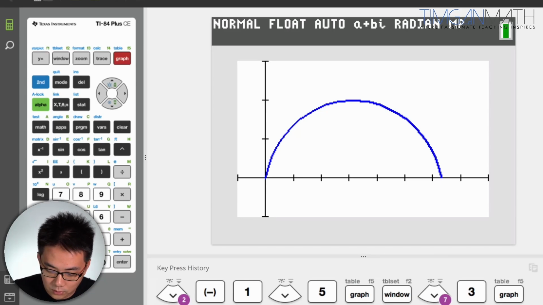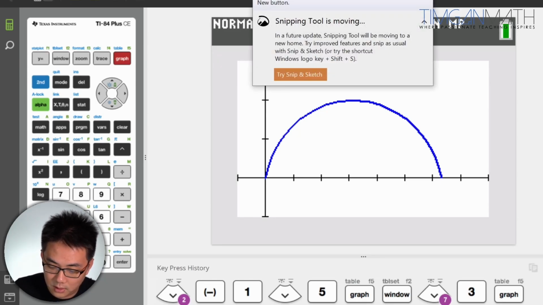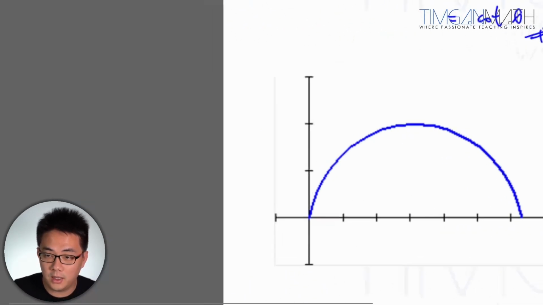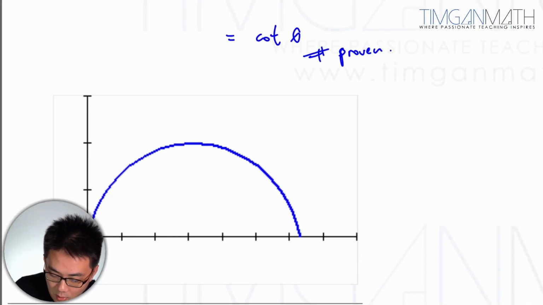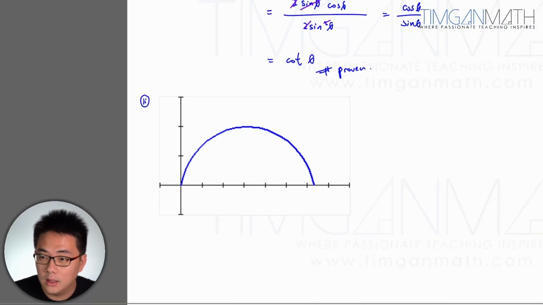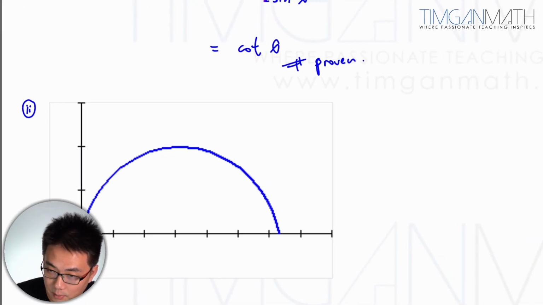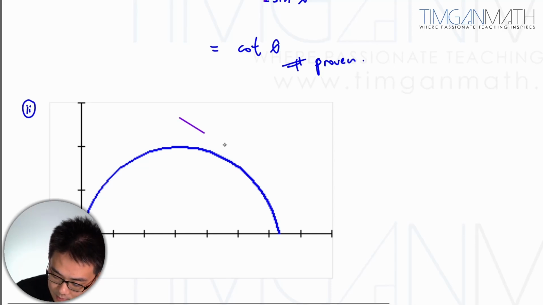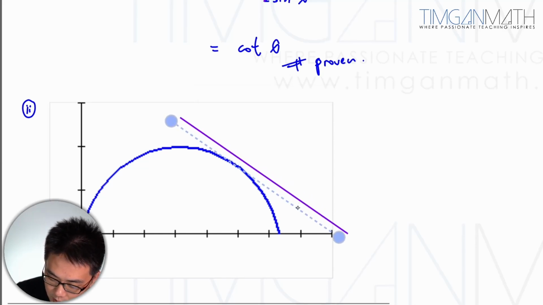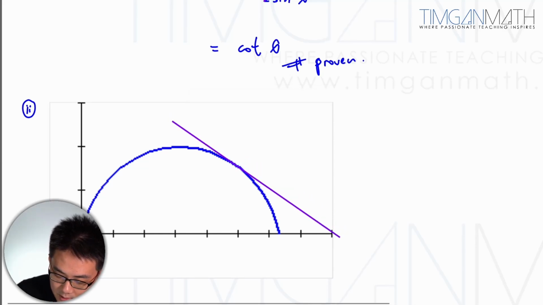So you are told to show, okay, I'm just going to take this graph out. For this second part, what we need is the point where theta is alpha, and the normal meets the x-axis at point A. I'm not sure of the normal, so I'm just going to randomly take one point, which is this point here, where theta equals alpha.